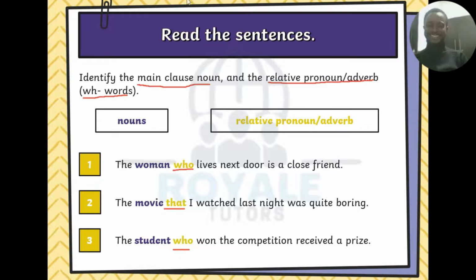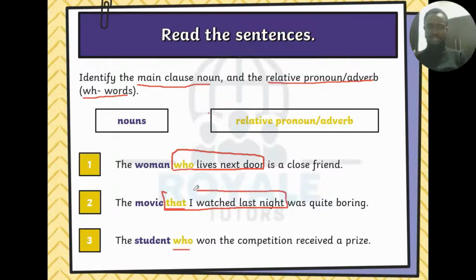Good. So, why are these special? Look at what I have here. This is introducing the relative clause. Can you see it? These relative pronouns and adverb introduce the what?